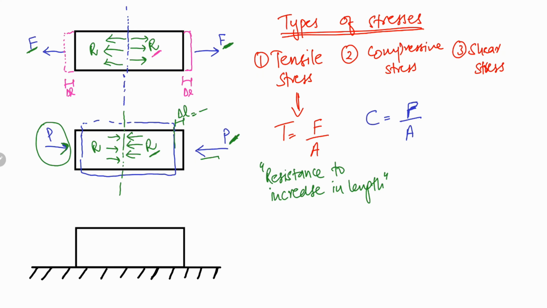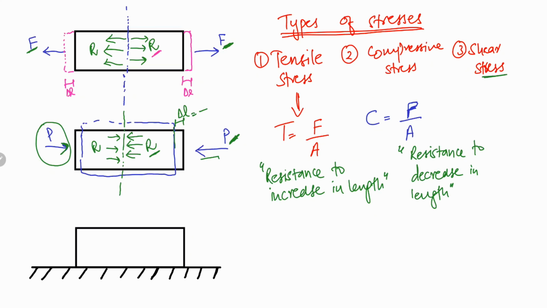So I call it here compressive stress, that it is the resistance to decrease in length, because the object doesn't want to decrease in length, and the resistance that is created inside the body will be known as the compressive stresses.